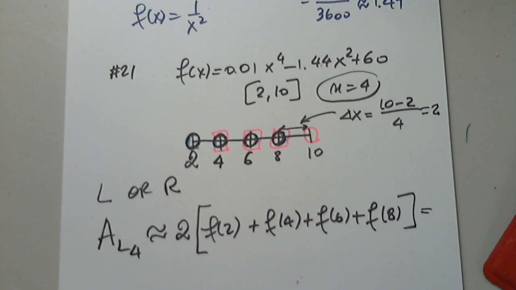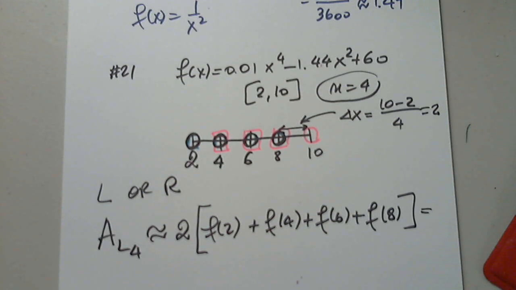Okay, so f of x, clear, 0.01 x to the fourth, and then minus 1.44 x squared, and then plus 60.